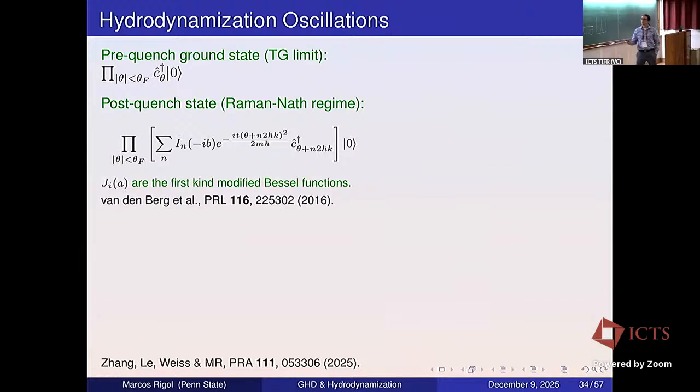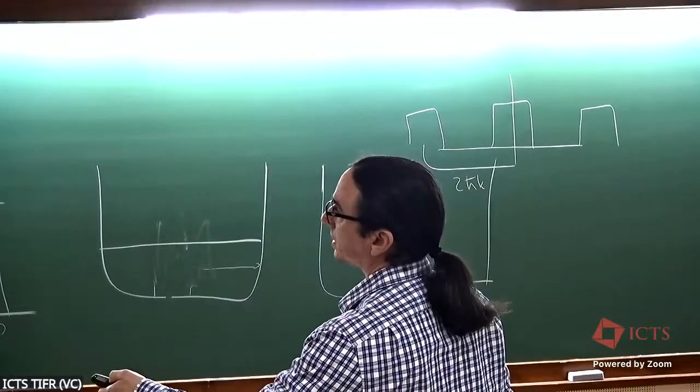Now if you have this state, you can immediately realize that there are two time scales. Let me plot this for your benefit. So what is that state? You have the initial Fermi sea, and you have the copies, separated by this 2ħk.